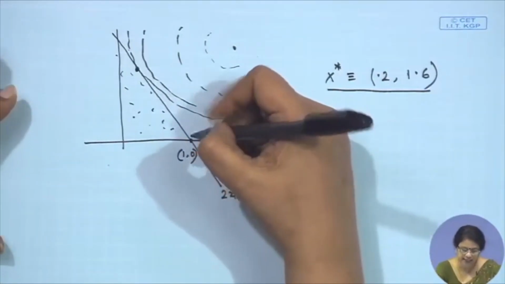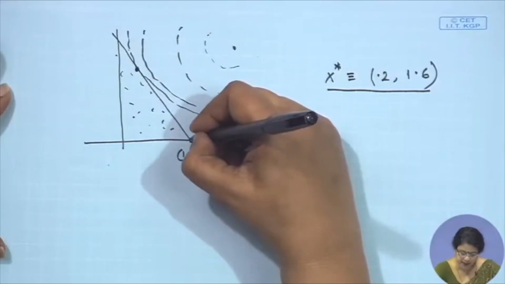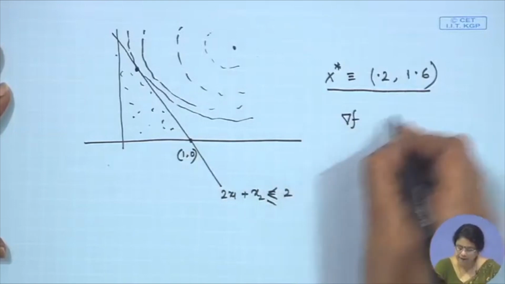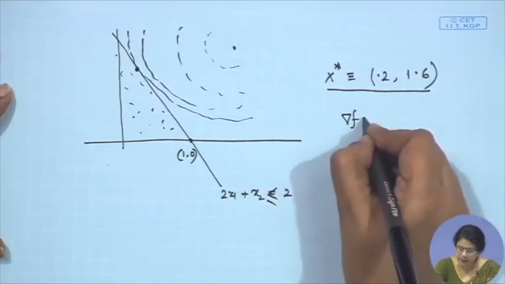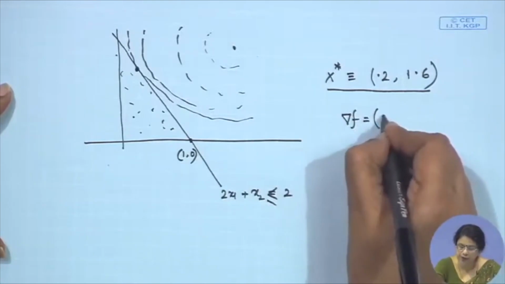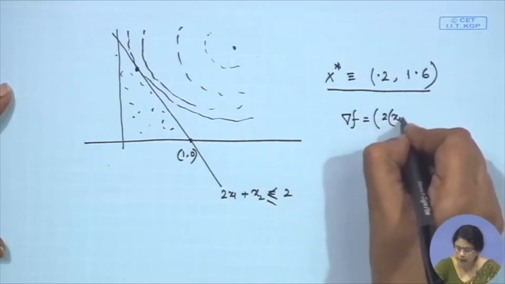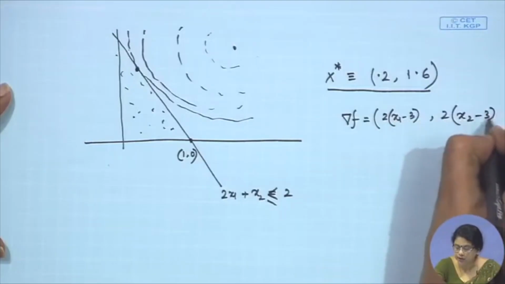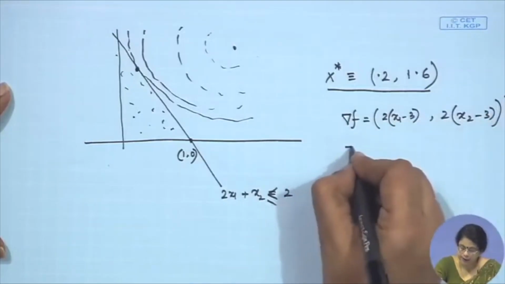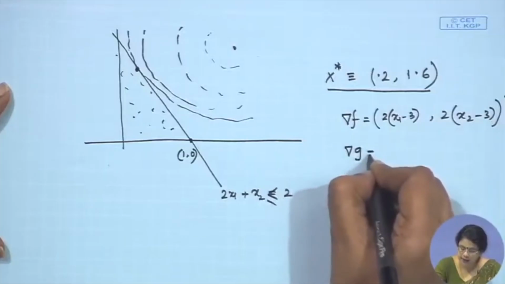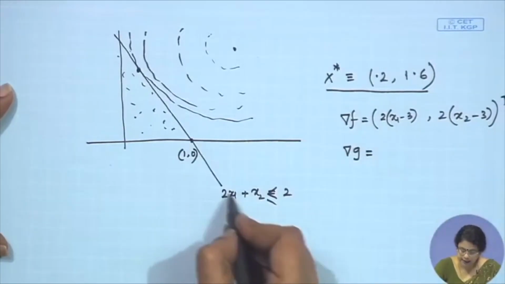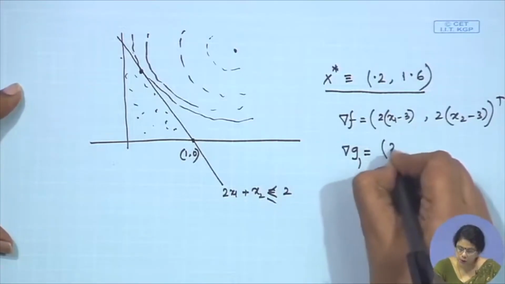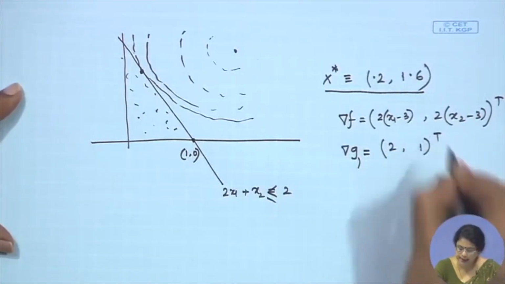At this point, if I consider grad f and grad g separately, what is my grad f? Grad f would be (2x1 minus 3, 2x2 minus 3), and what is grad g? Grad g1 would be (2, 1) transpose.